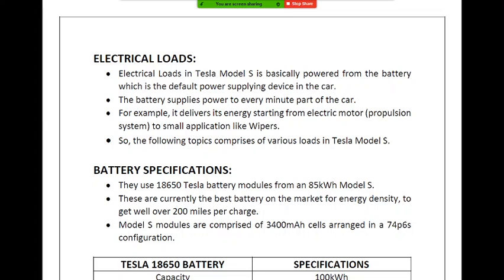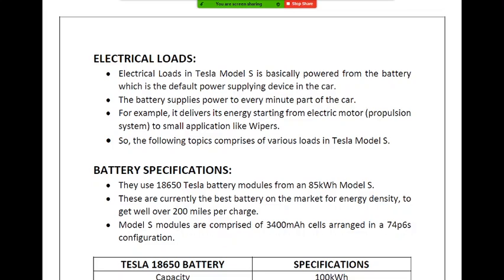If you take an IC engine, we have alternators, which is an electrical component, so that needs an electrical load. Likewise, electrical load is an important thing in normal vehicles.